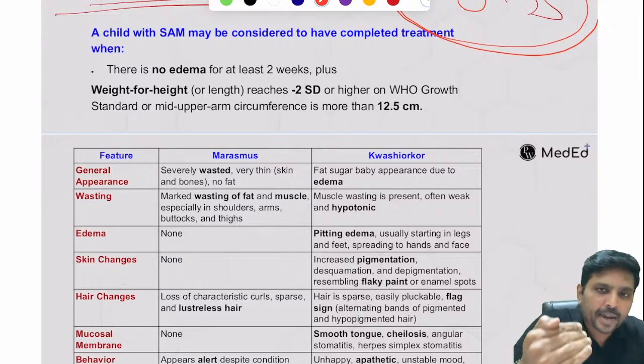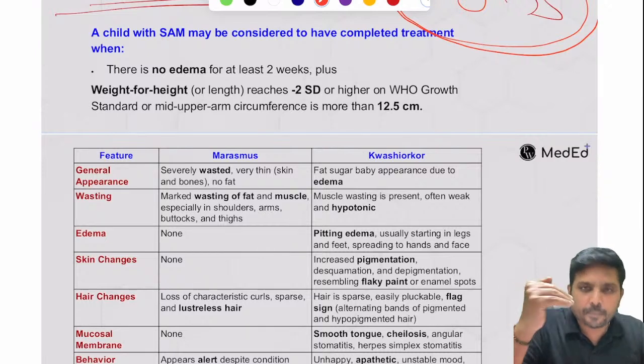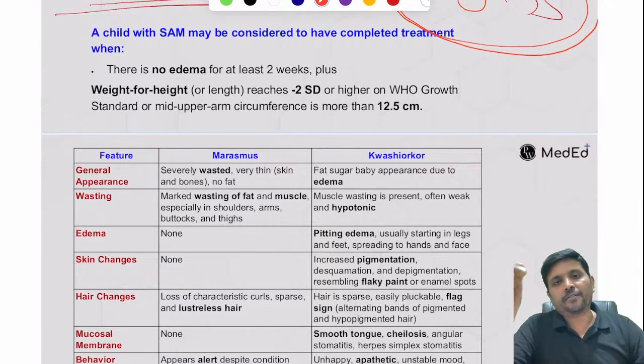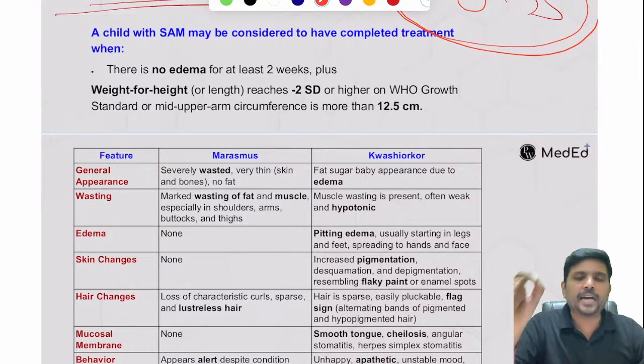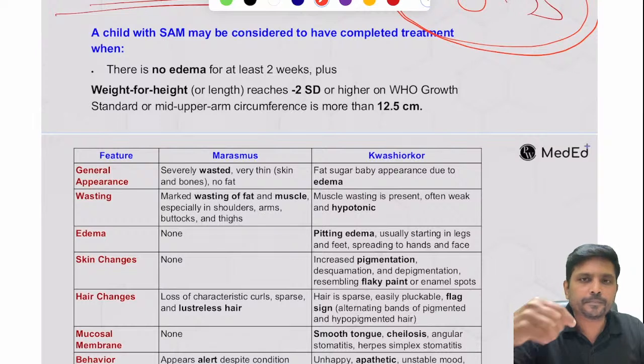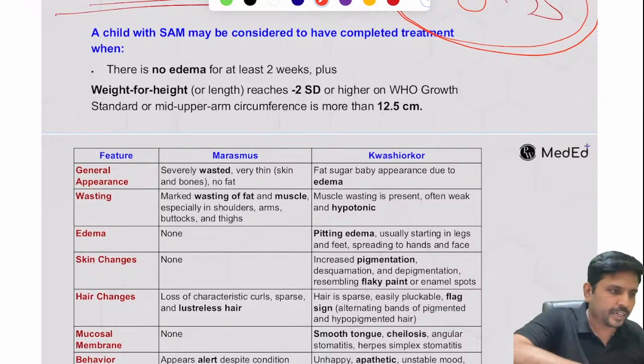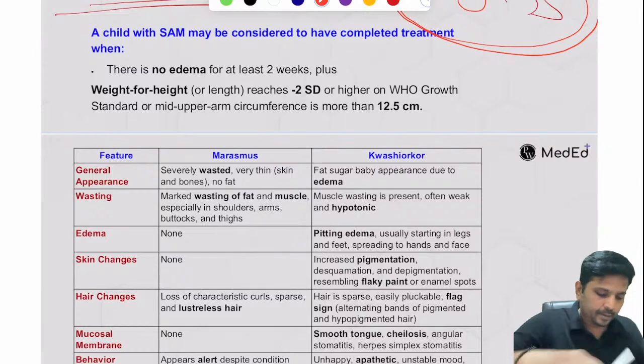So monkey face and baggy pant appearance is for marasmus, whereas flaky paint dermatosis and flag sign are manifestations of skin in severe acute malnutrition. So that is what they have been writing.